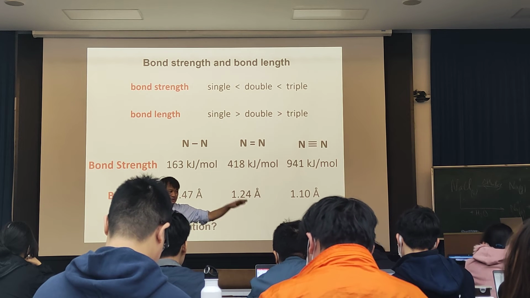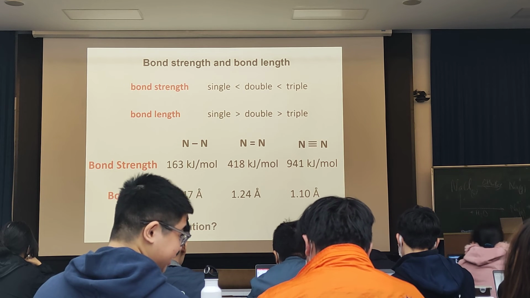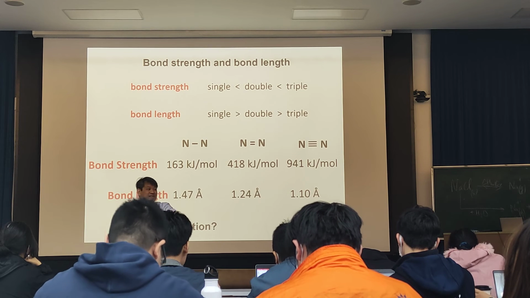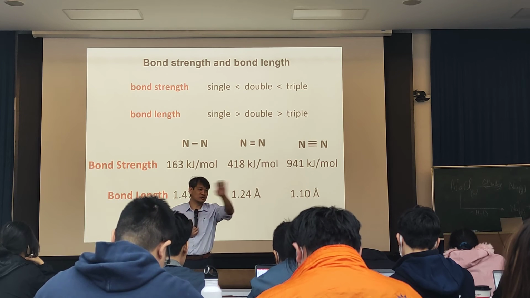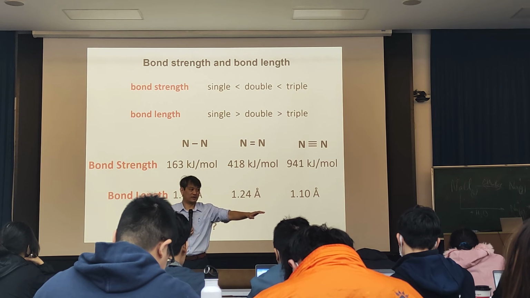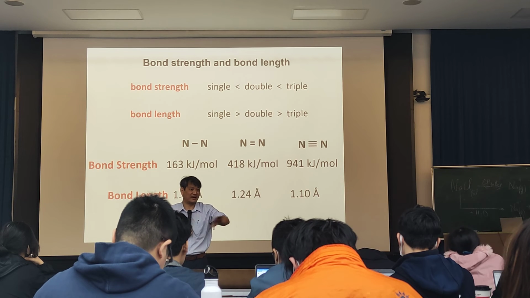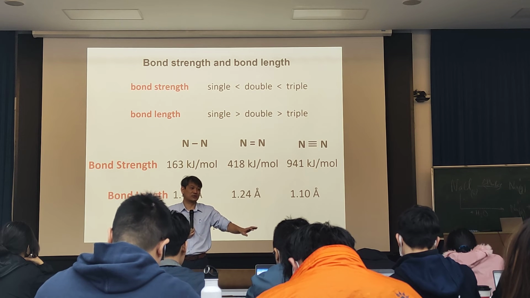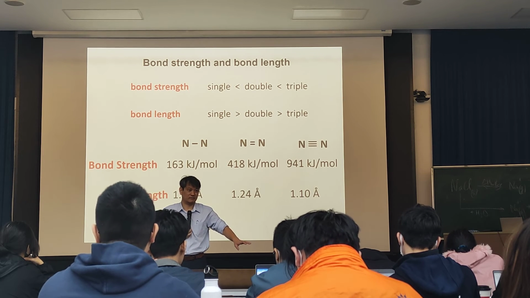You take nitrogen, you react it with hydrogen, you have NH3. And this NH3 will decide all the agriculture over the world. Because without NH3, you cannot plant any tree. Okay? So all the food production will stop if you don't have NH3.